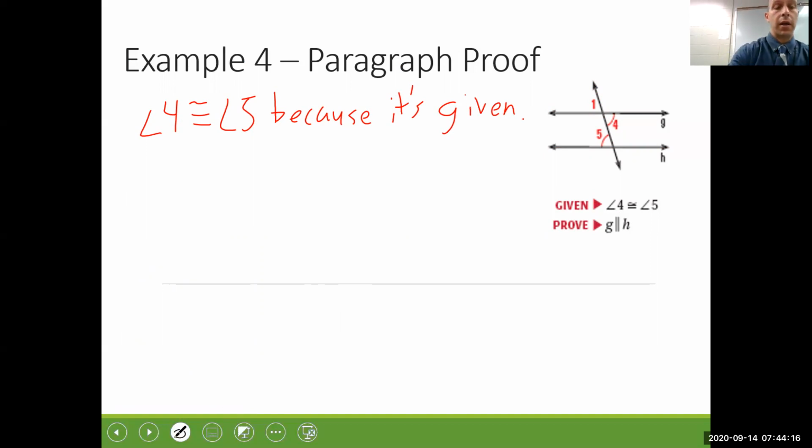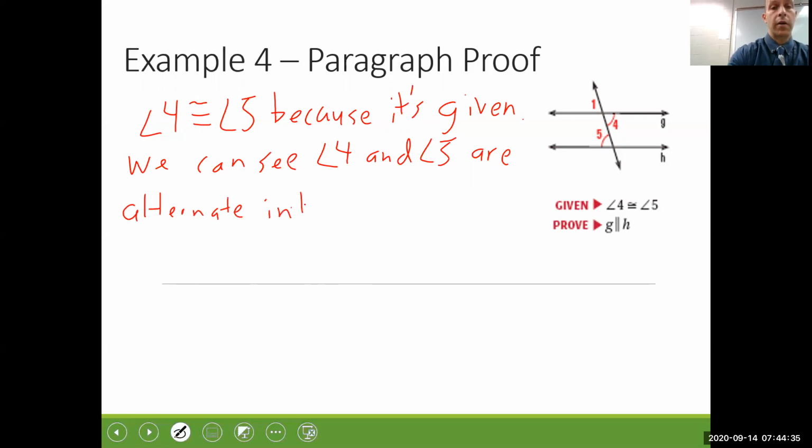And then I'm going to say we can see that angle 4 and angle 5 are alternate interior angles, comma, by definition.